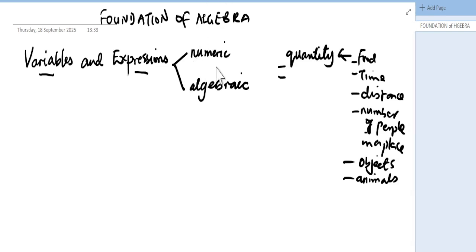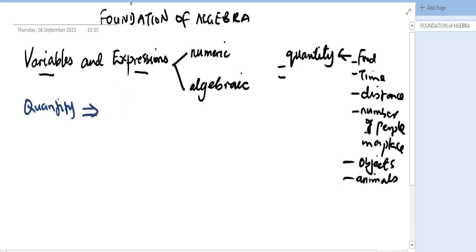So based on this, we're going to say a quantity is anything that can be measured.